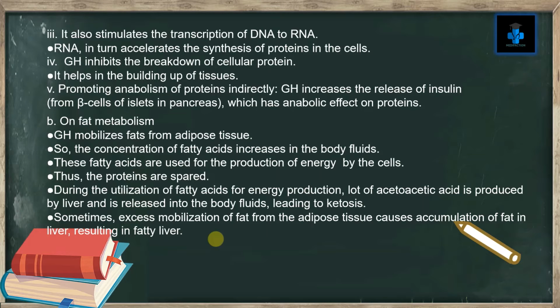During the utilization of fatty acids for energy production, a lot of acetoacetic acid is produced by liver and it releases into the body fluids, leading to ketosis. Sometimes, excess mobilization of fat from adipose tissue causes accumulation of fat in liver. This results in fatty liver.